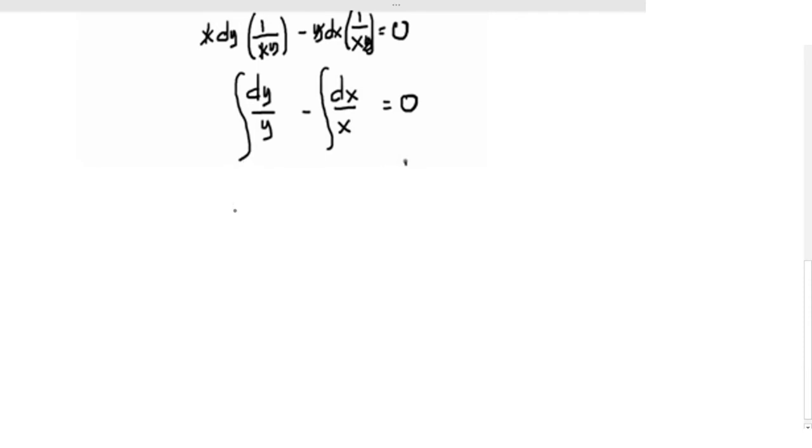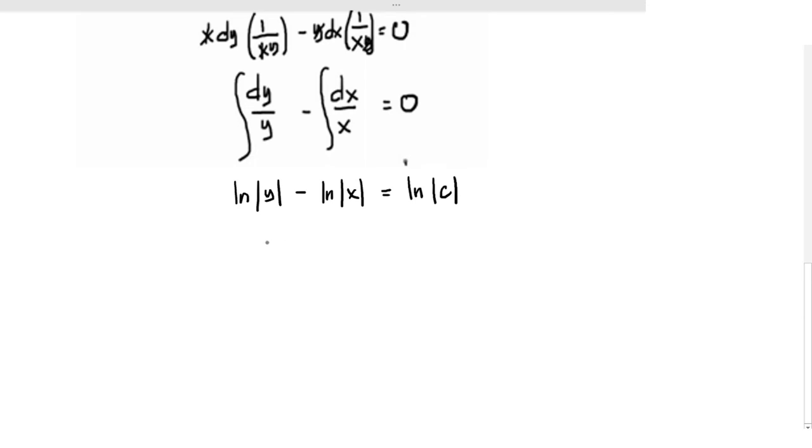Integral of dy over y is ln of y. Then minus integral of dx over x is ln of x. Then equals, to add a constant, we have ln of c. Then condense the terms on the left side.